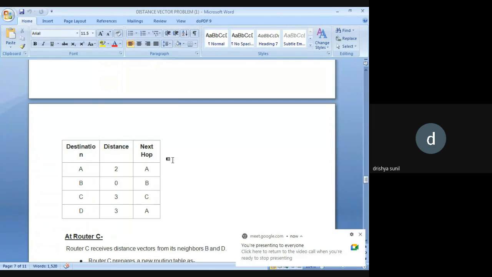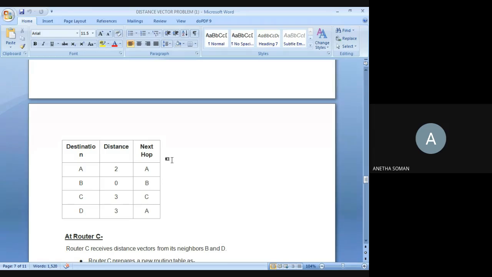I'm asking for the routing table at router C. Now, who are the neighbors of router C? B and D. Now, what is the vector for A you are getting? How will you get infinity? That means you have made it wrong. Kavya, you can answer. What is the routing table at router C?